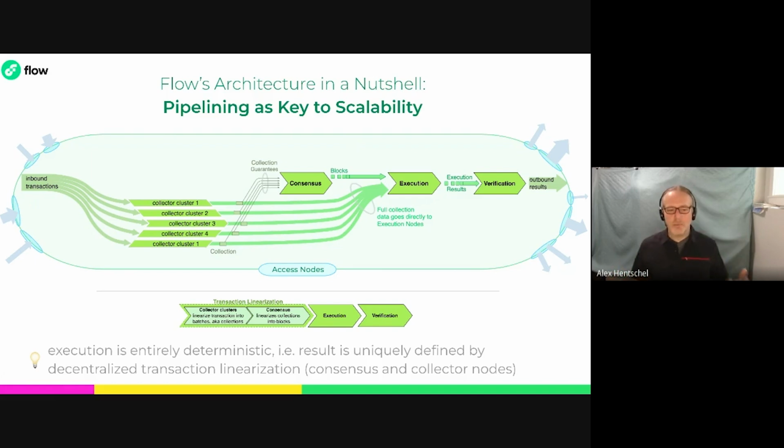The result might not be known yet, but it's certainly unique and only determined by the information the consensus and collector nodes released. So whatever the execution nodes do is essentially fully deterministic, while the work the collector, consensus, and verification nodes do is highly decentralized.